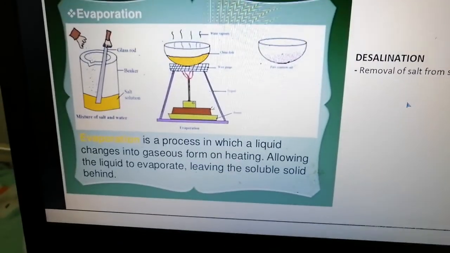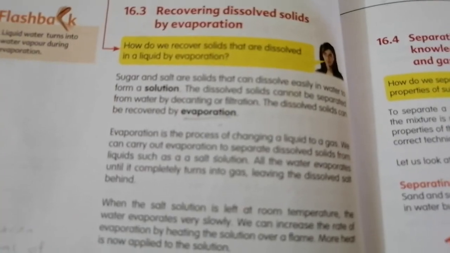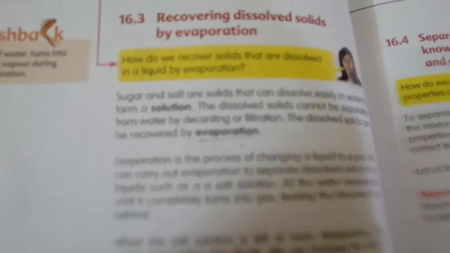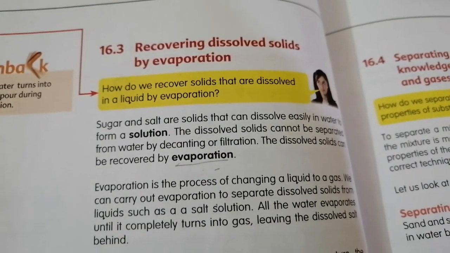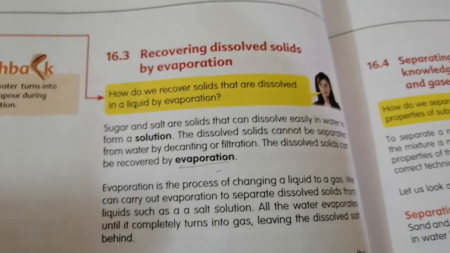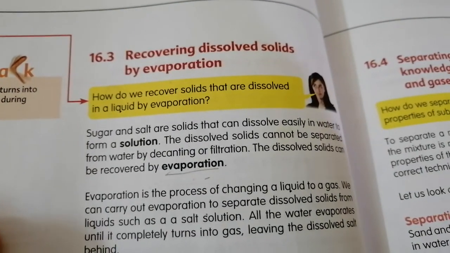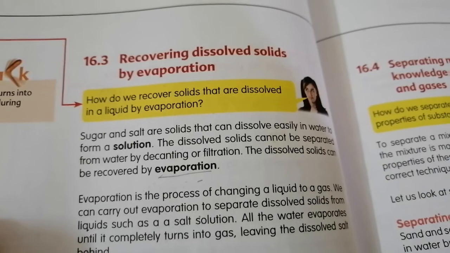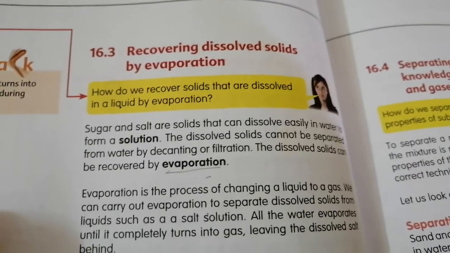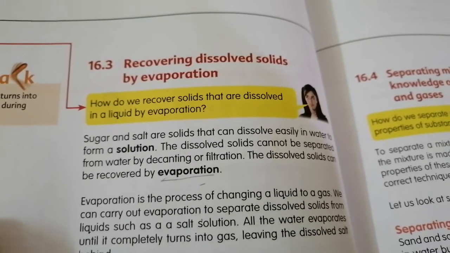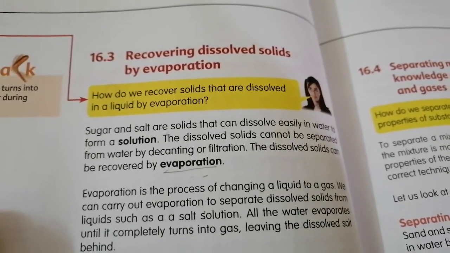What is evaporation? If you refer to your textbook, page 28: sugar and salt are solids that can dissolve easily in water to form a solution. The dissolved solid cannot be separated from water by decanting or filtration. Why? Because it is already dissolved, already soluble.